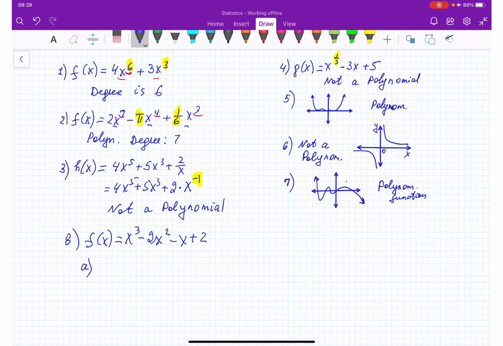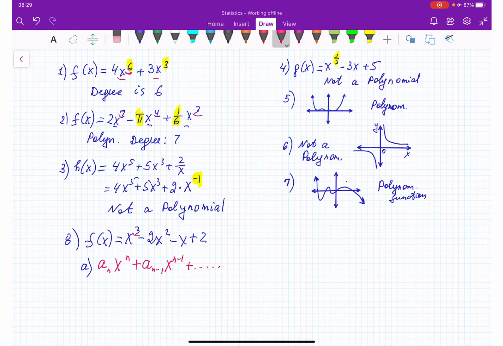So the general form of a polynomial is a n x to the power n plus a n minus 1 x to the power n minus 1 and so on. What we are interested in is the highest degree of the polynomial, which in this case is 3.